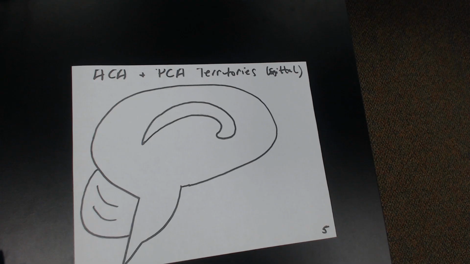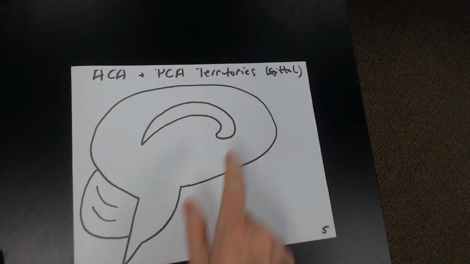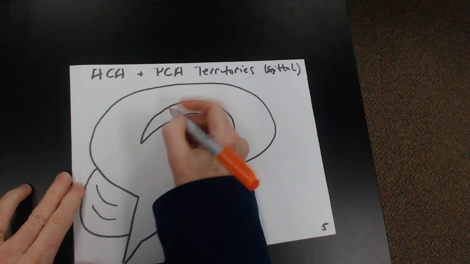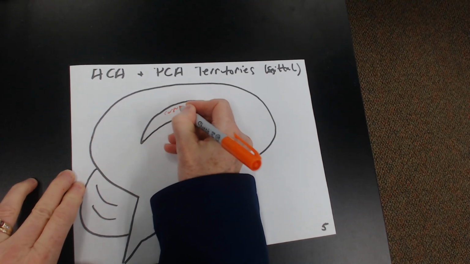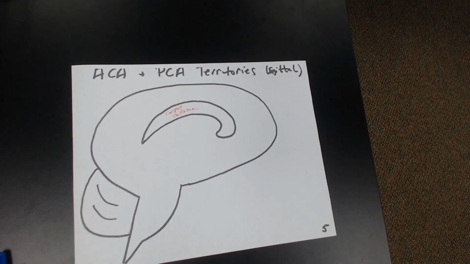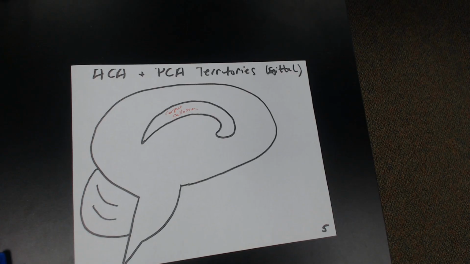And what was the name of this thing that's the major connector between the left and right halves of the brain? That's your corpus callosum. Just a bunch of white matter. It connects the left and right halves of the brain.